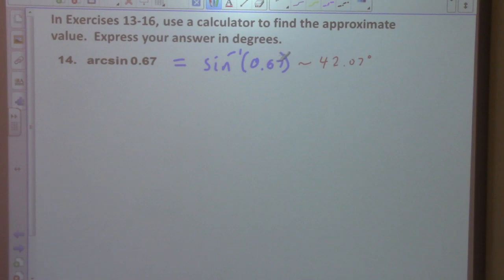That's going to be 0.707. So 0.707 would be exactly 45 degrees, so that looks right. Thank you, Justin.